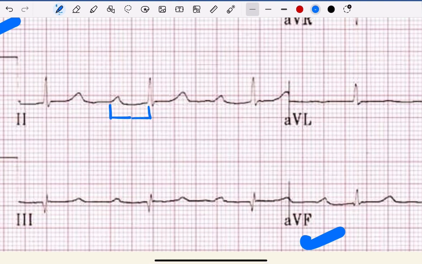So 5 plus 4, 9. It is almost around 2 big boxes. Let's consider it as 2 boxes only, so it's more than 240 milliseconds.